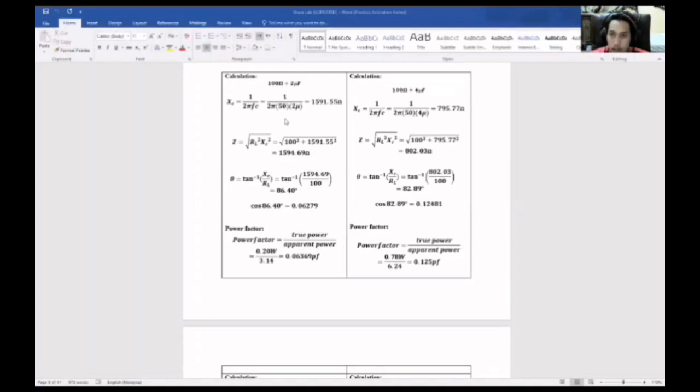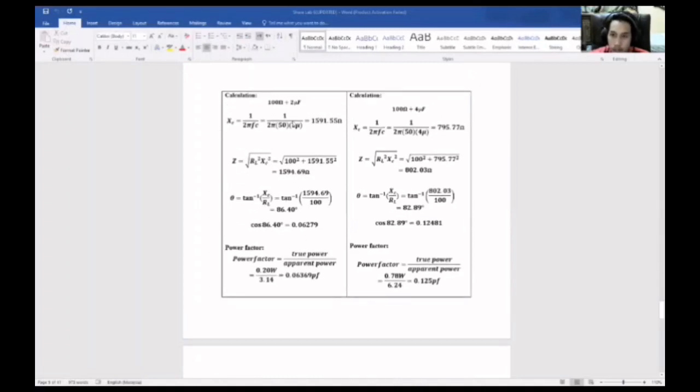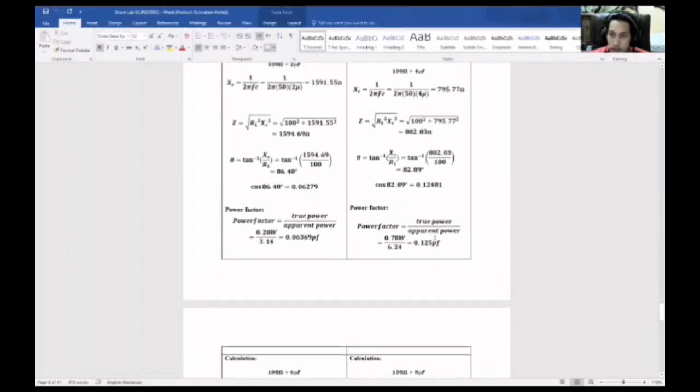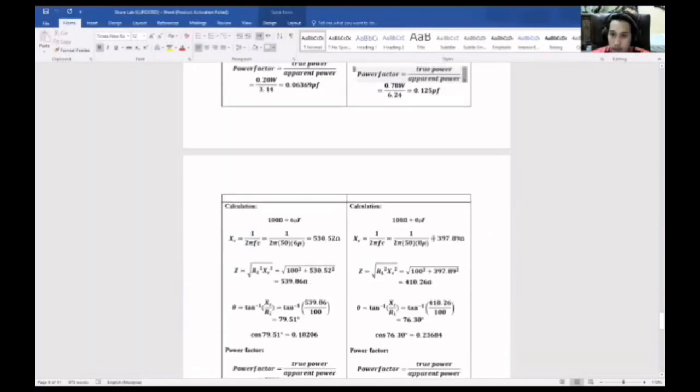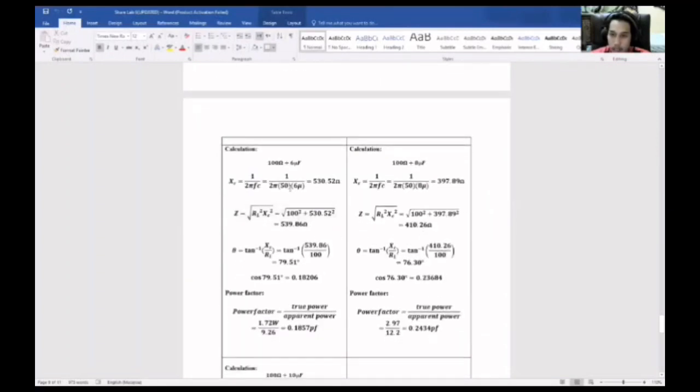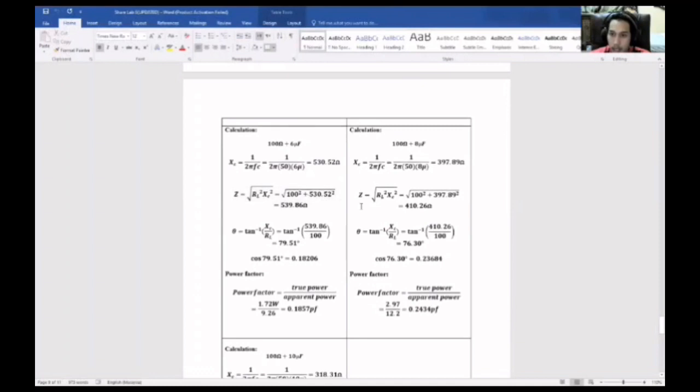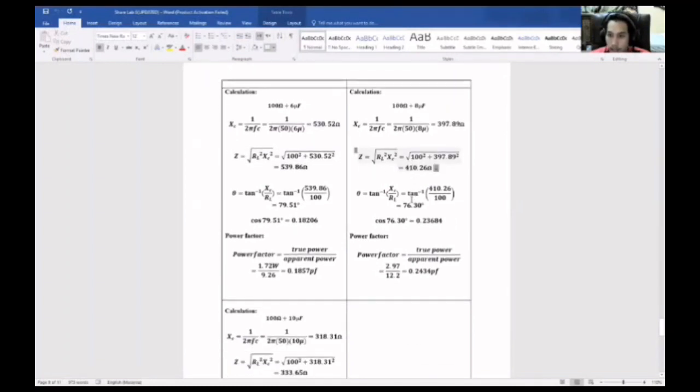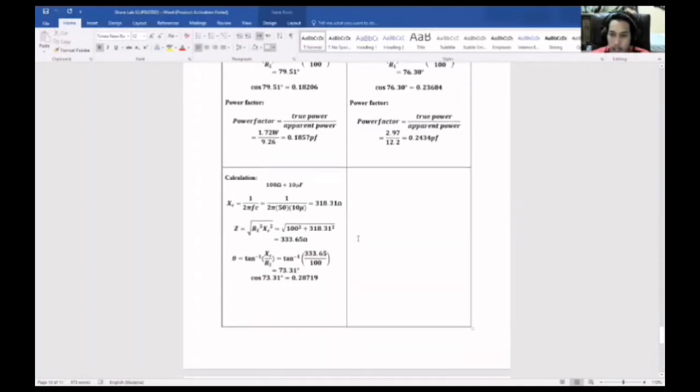This is the calculation for circuit 1, where we use the 2 microfarad capacitor, and this is for the second circuit, using the same formula and same steps. Same goes for the 6 microfarad and the 8 microfarad, and the last for the 10 microfarad circuit.